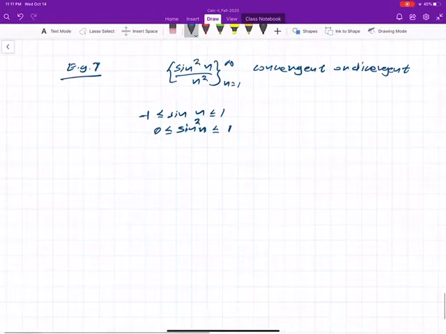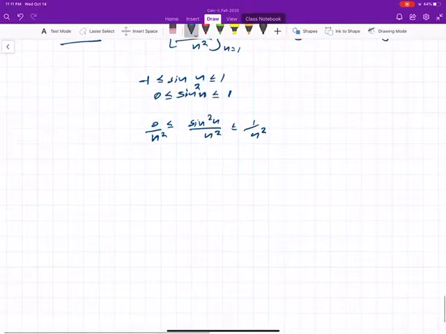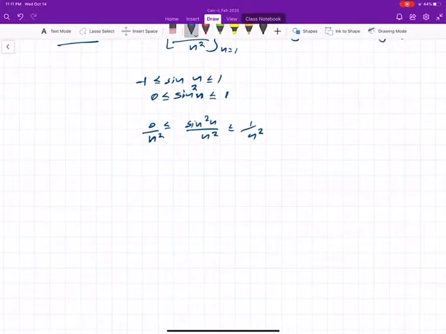Now you divide the entire inequality by n square. So you get 0 over n square, sine square n over n square, and 1 over n square. Now you apply the limit for the entire inequality.